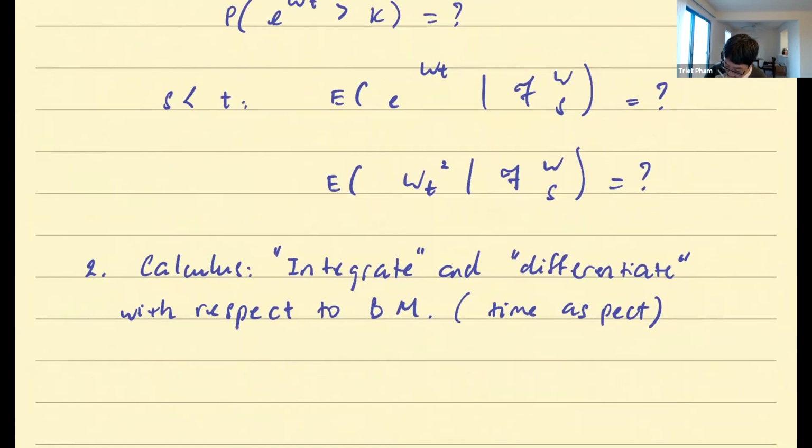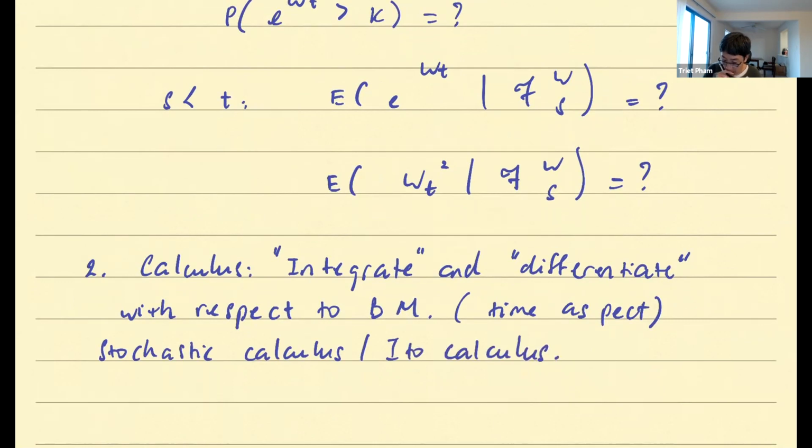So for example, by the way, this is really going to be called stochastic calculus or Ito calculus. And what is the use of being able to do something like this?